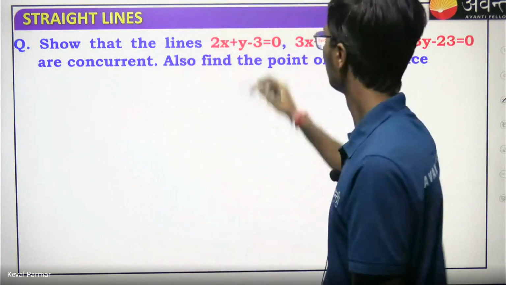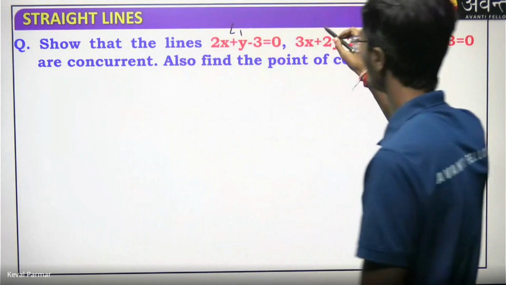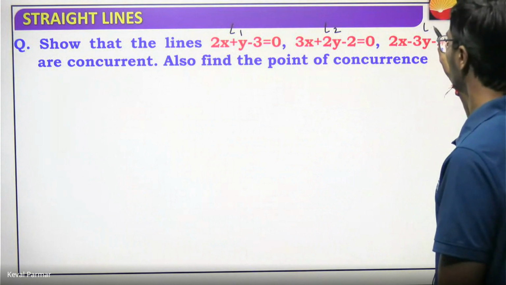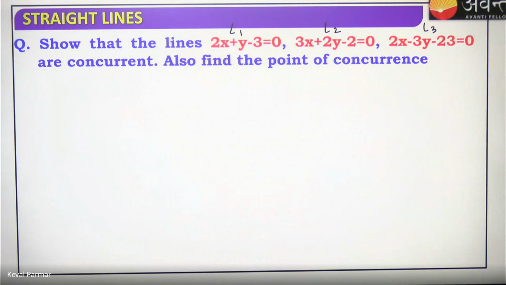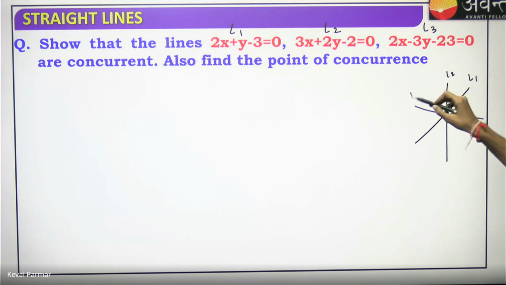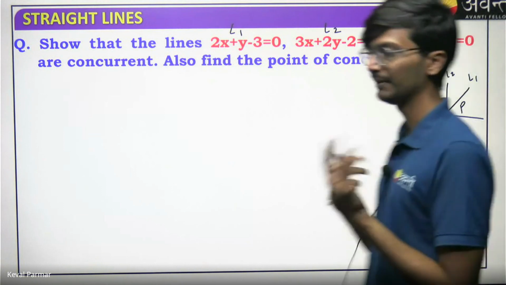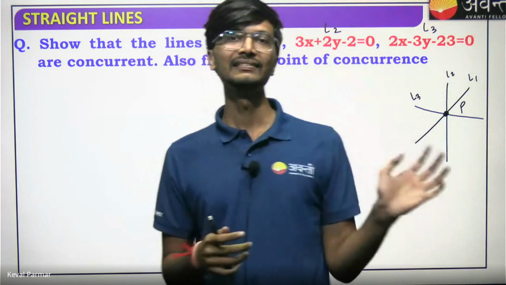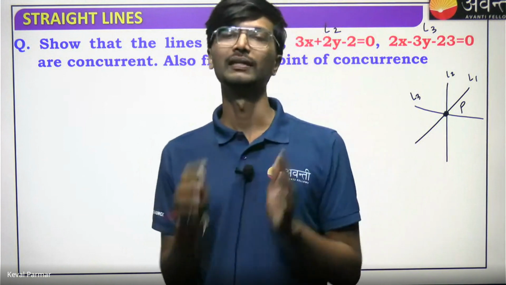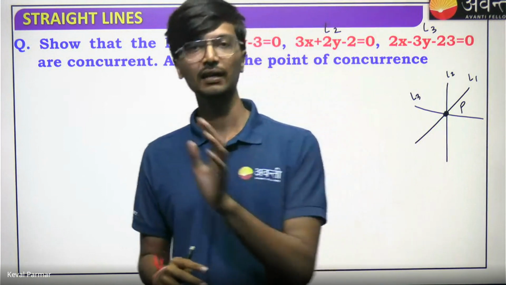So let us first give them names. Let this line be L1, let this be L2, and let this be L3. Let's say these three lines intersect at a common point P. If I am able to prove that these three lines intersect at a common point, that means the lines are concurrent.